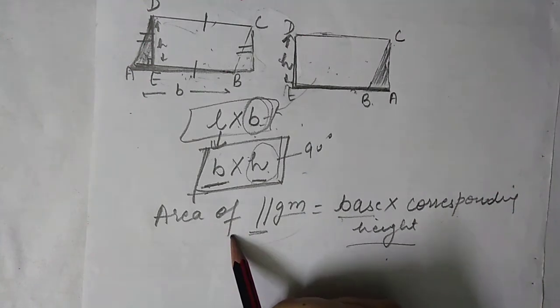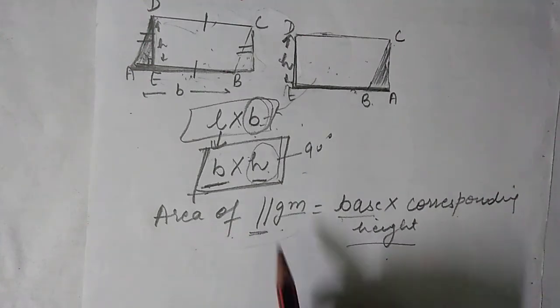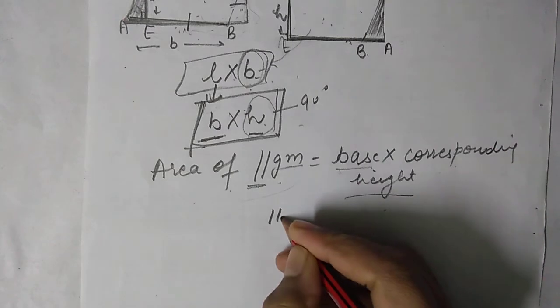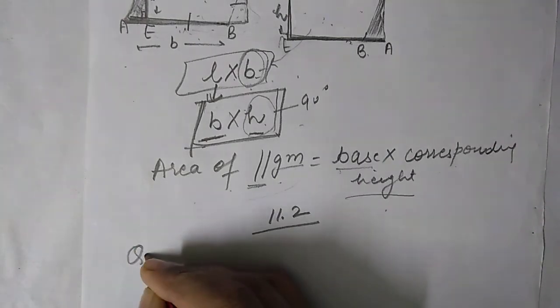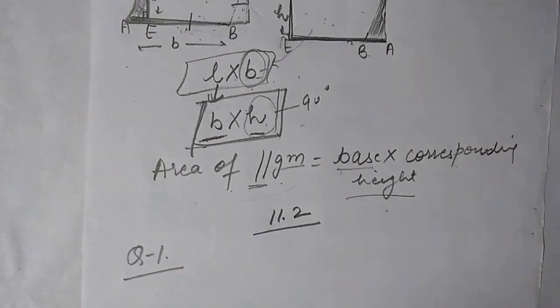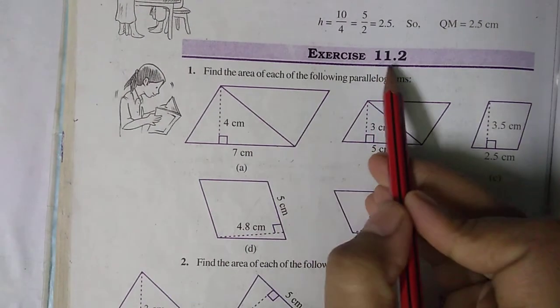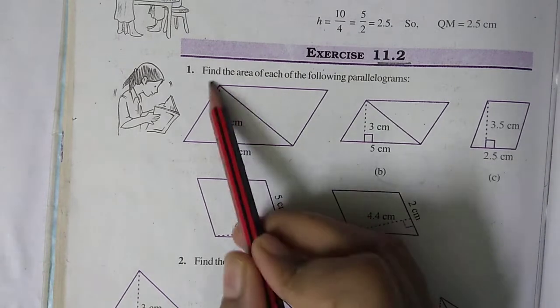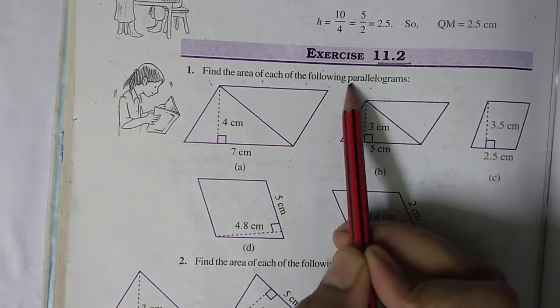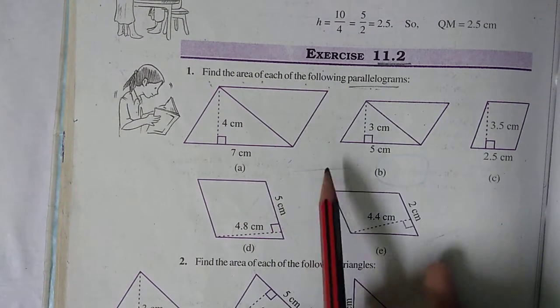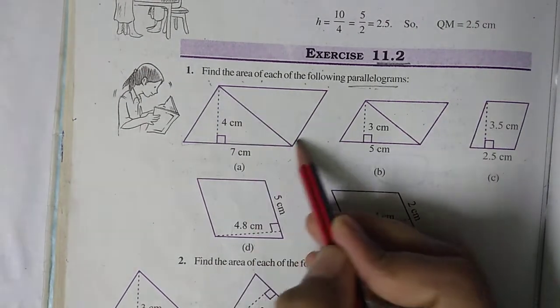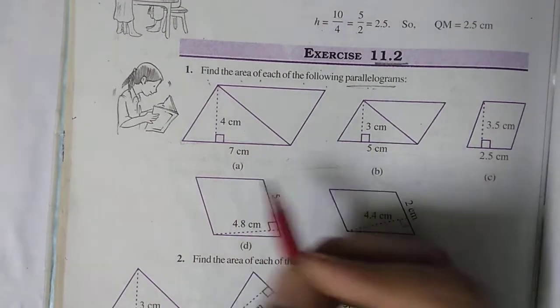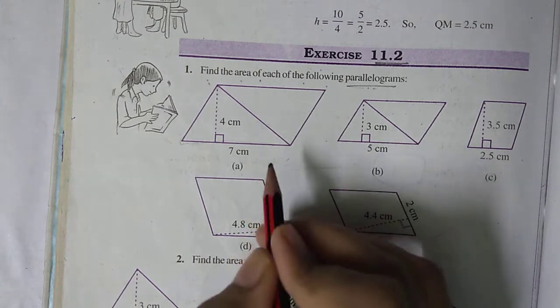Okay, so now let us discuss questions related to the area of a parallelogram, from exercise 11.2, question number 1. So students, here we have been given questions. Find the area of the following parallelograms. Here we have been given parallelograms, and we have to find the area.